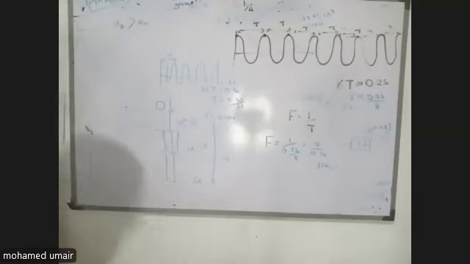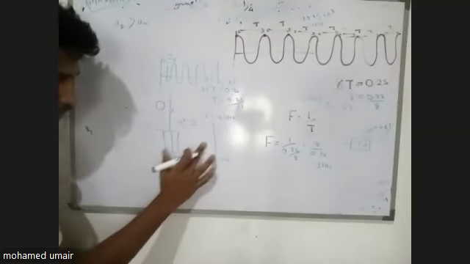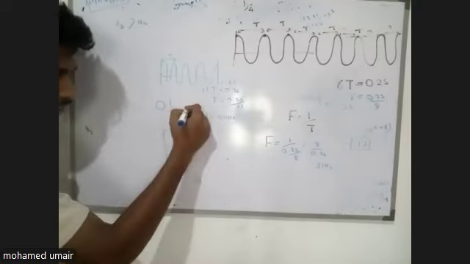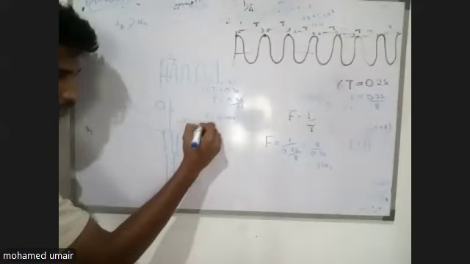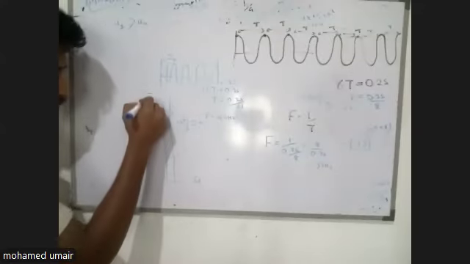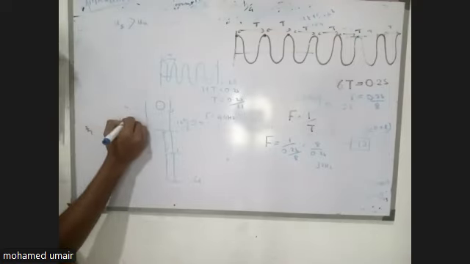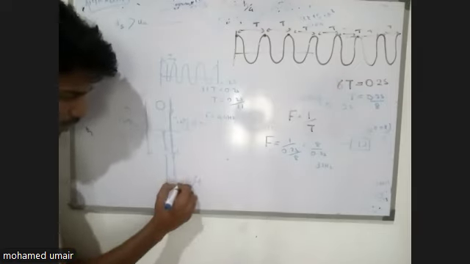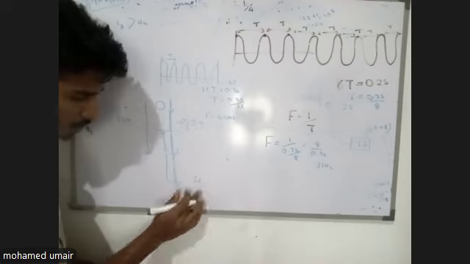So now you should not go for this part. Now you know in the first second it is traveling 5 meters. Totally in 2 seconds it is traveling 15 meters. Totally in 3 seconds it is traveling 25 meters.